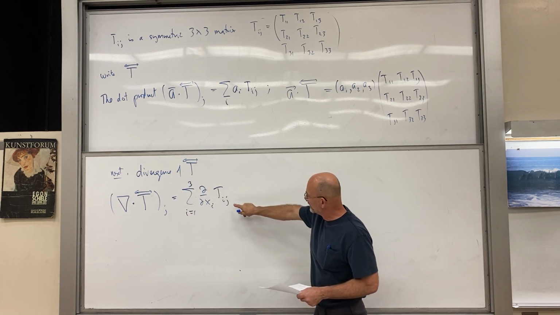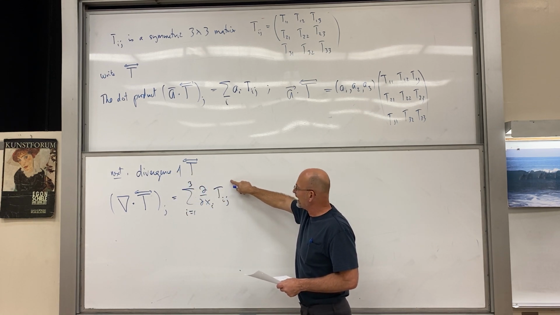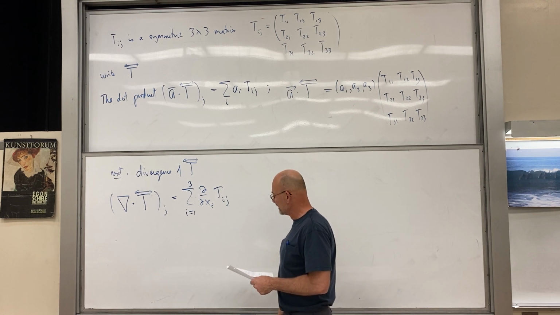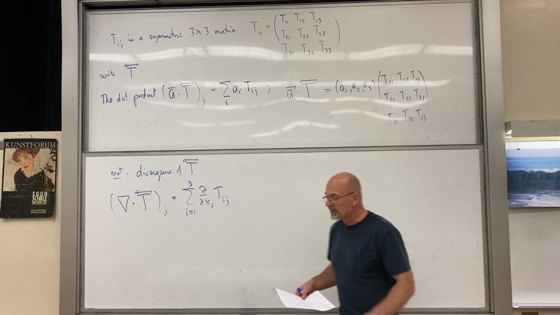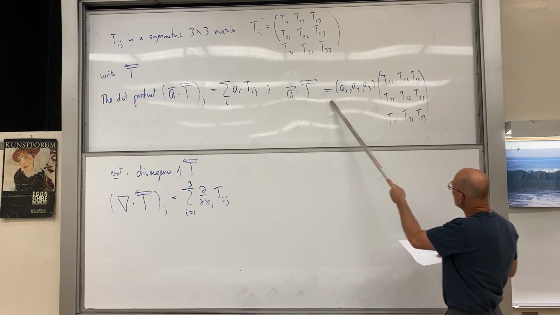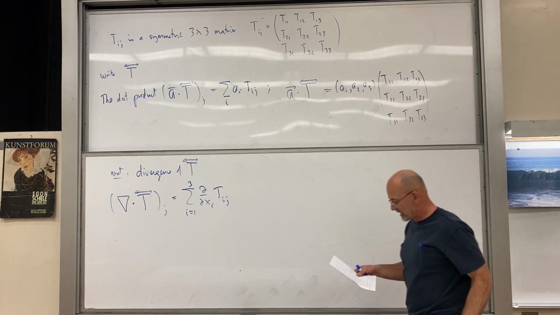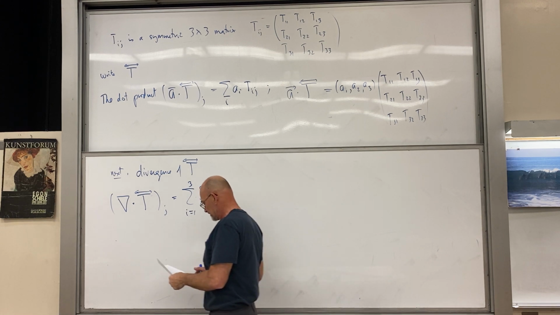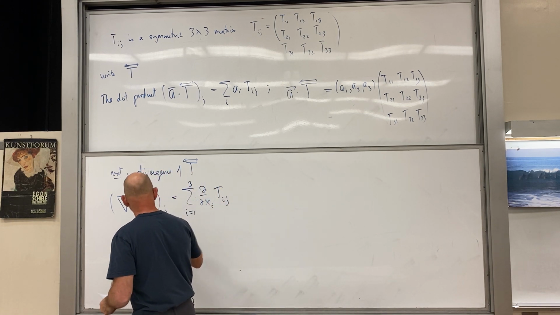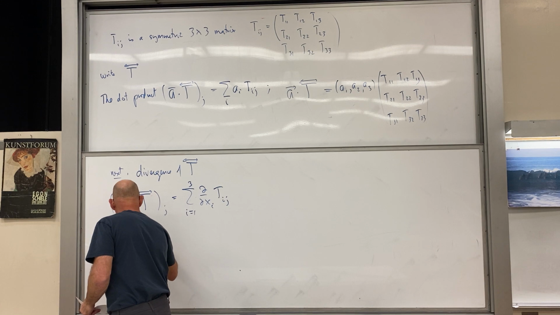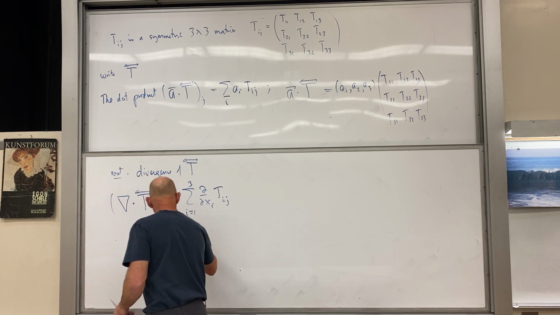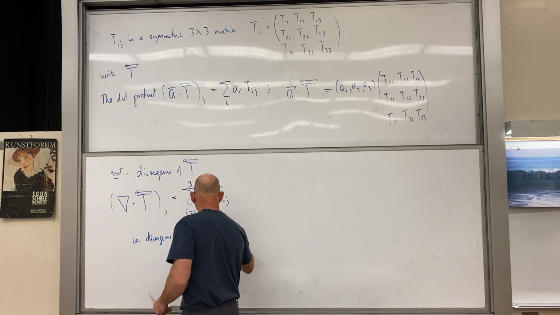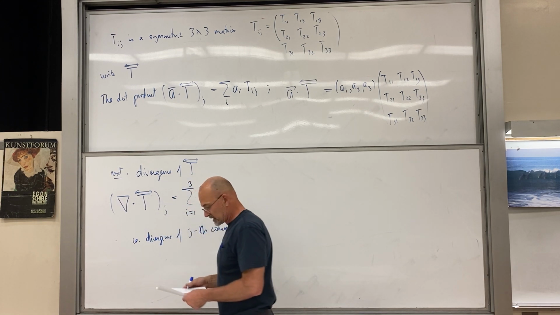Again, you see we're doing it along a column, and that's in keeping with your formalism of multiplying from the left. Doing that along a column, i.e., divergence of the jth column. Good, so we have that.